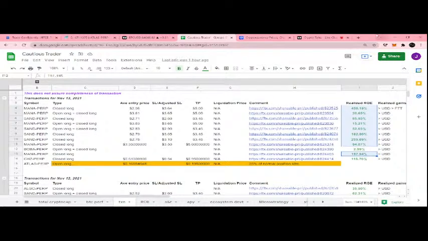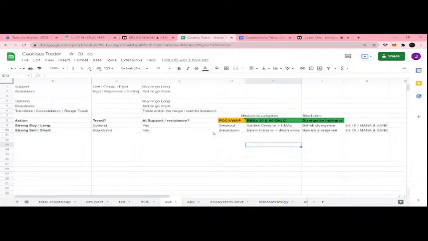Yesterday, what happened to MANA and Atlas is that it was in confluence with everything: the point of control, VWAP, EMAs, and divergence indicator. I think we discussed this yesterday. Same with MANA and SAND. But for SAND, I just saw the confirmation breakout to the point of control early this morning.